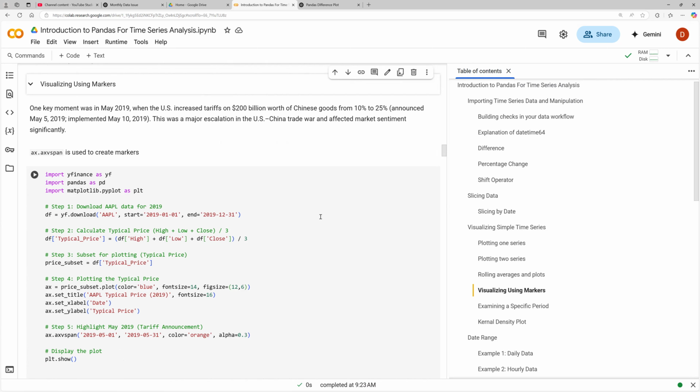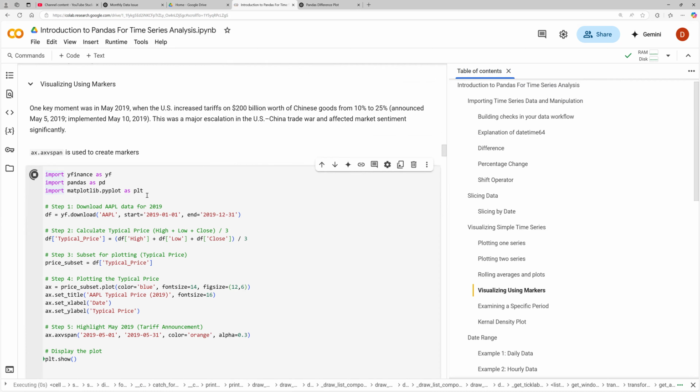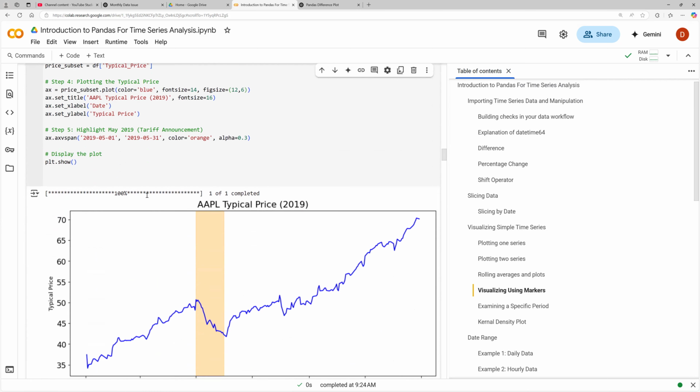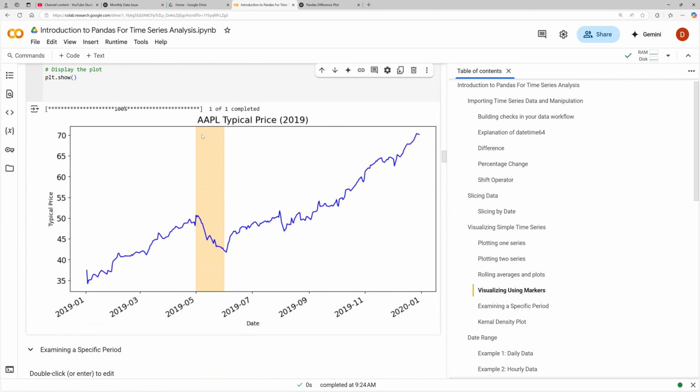Using these markers, we could see the behavior of the stock pre and post. And we use this called ax.axvspan. It's useful for time series in the sense that we could see the behavior pre and post. In this area here there's a huge decrease.